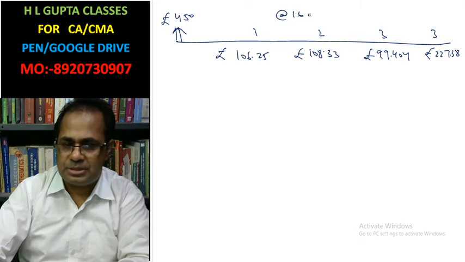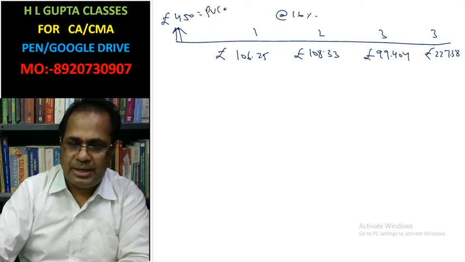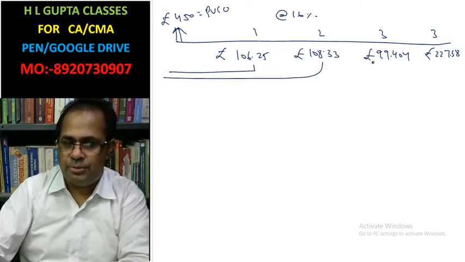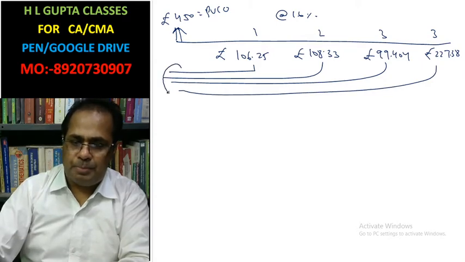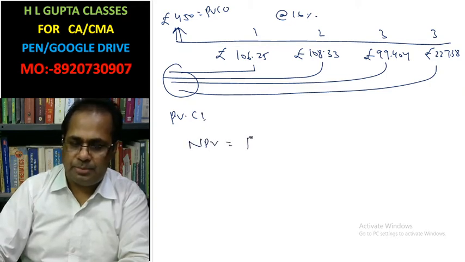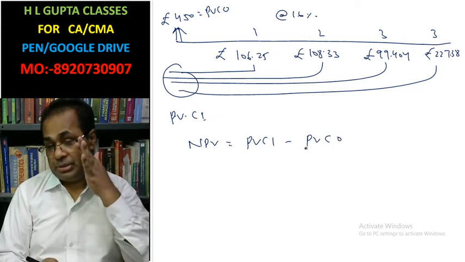This is the present value of cash outflow, and you can calculate the present value of cash inflow using this. Finally you have to calculate net present value: present value of cash inflow minus present value of cash outflow.